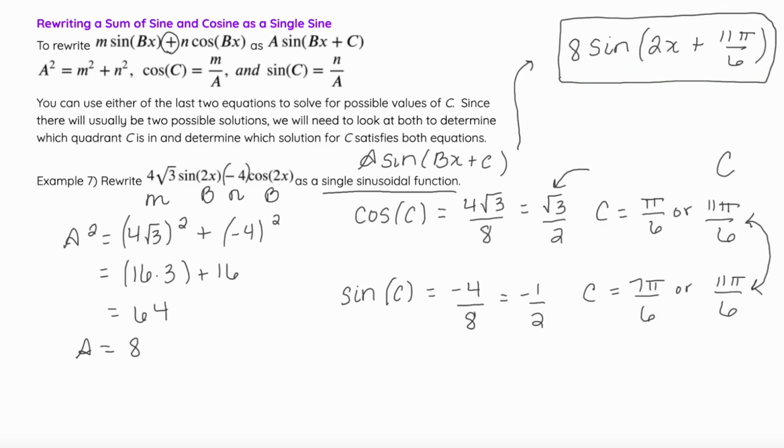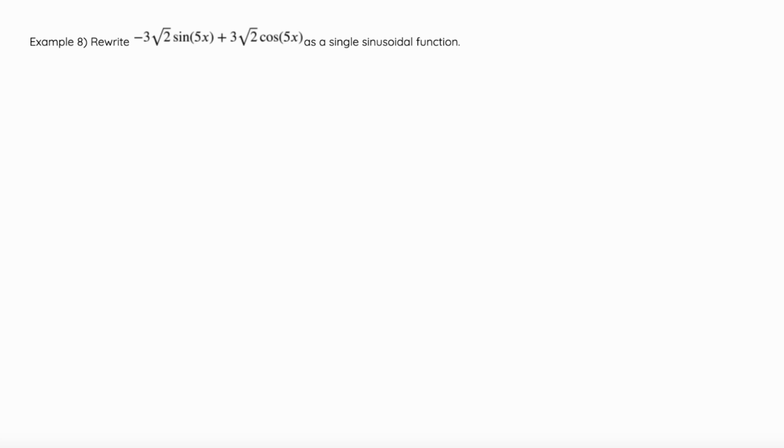Let's do one more of these. Here we have negative 3 square roots 2 times sine of 5x plus 3 square roots 2 times cosine of 5x. So we have our m value is negative 3 square roots 2. Our n value is 3 square roots 2. And our b value certainly matches with 5x.